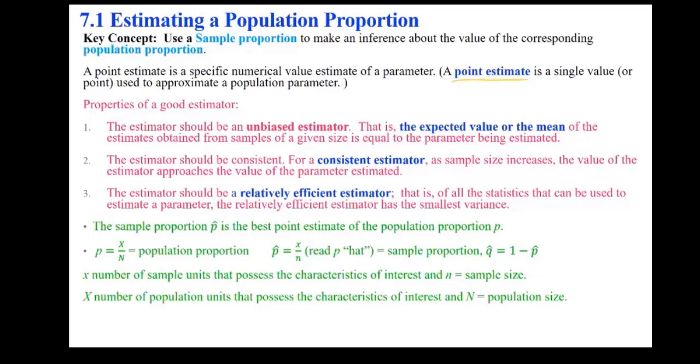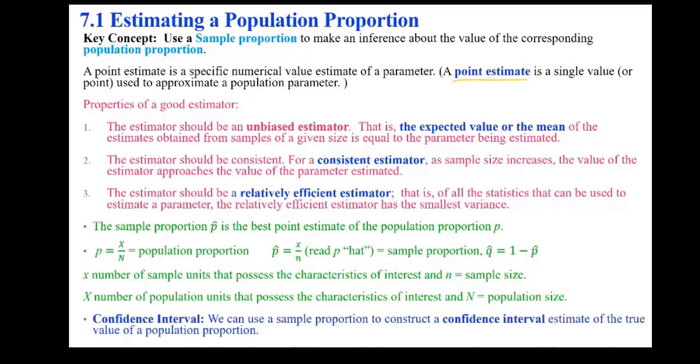So again, unbiased: the expected value of the mean from a sample of a given size is equal to the parameter being estimated. That means you take the average and it should work out. Consistent means as n gets larger, it gets closer to the actual population parameter, and efficient means a fairly small variance.